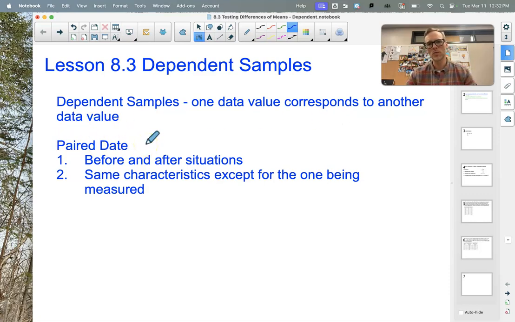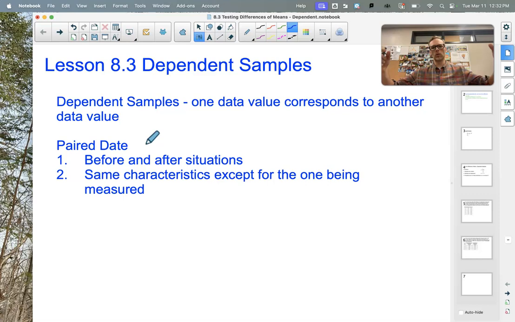And the most common way we'll see it, out of the two ways, is number one, a before and after situation. So we have something, it could be a person, or it could be some sort of process. There's this before measurement, and then we do this thing to it, possibly like an experiment or a treatment, and then we have the after.